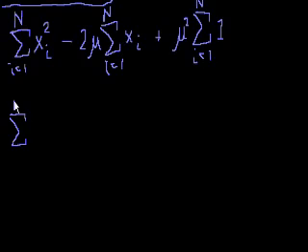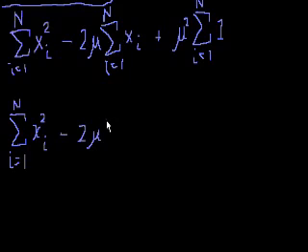So this equals the sum from i equals 1 to n of x sub i squared. And let's see, minus 2 times mu. Minus 2 times mu times the sum from i equals 1 to n of x sub i.